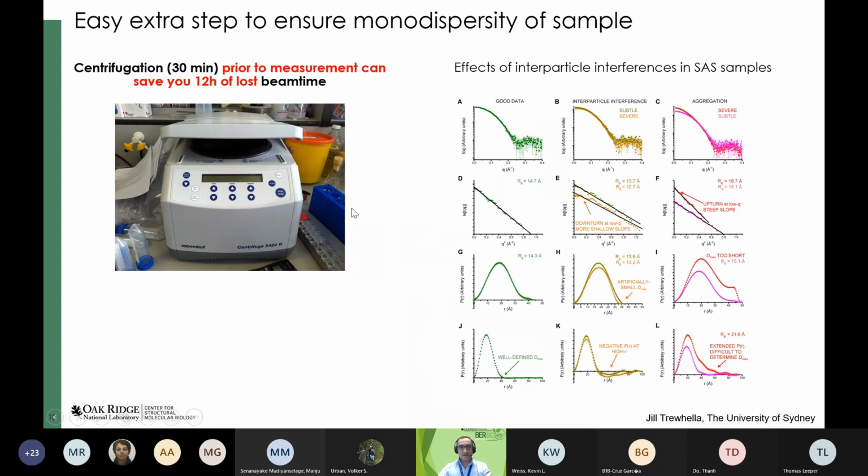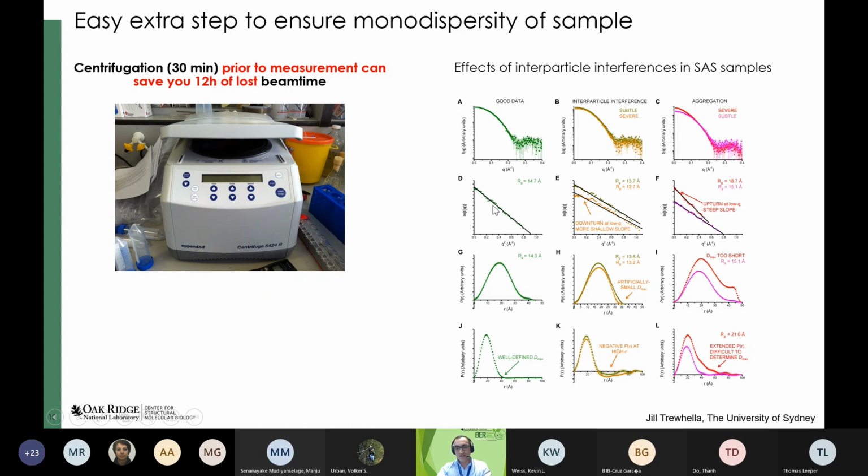Like I said, centrifugation can really help remove aggregates. In this case, we will see how our data is corrupted during the binning. In the first column, we have a good data set where we have a monodisperse species. We can easily fit a Guinier profile.